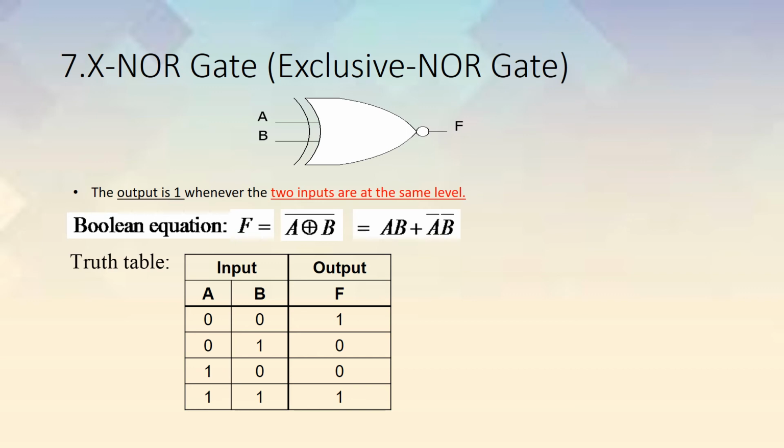If A is 1 and B is 1, we get output 1 also. If different values, like A is 0, B is 1, we get output 0. Okay, if you understand, we can go through the next slide.